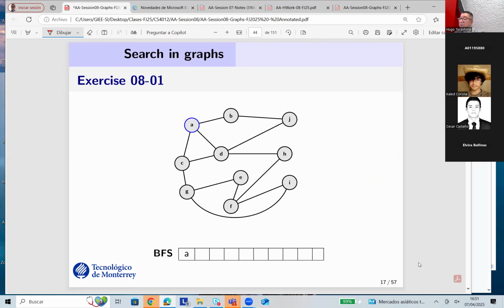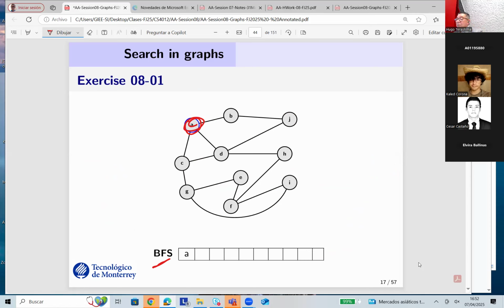Now, try this. You have this graph, it's an undirected graph, and then you say, well, I'm going to start here, and I'm going to use a breadth first search. So what should I do? What you need to consider here is that the way you are going to choose the nodes is lexicographic, that is, in alphabetical order.